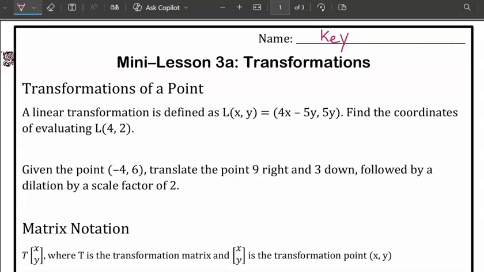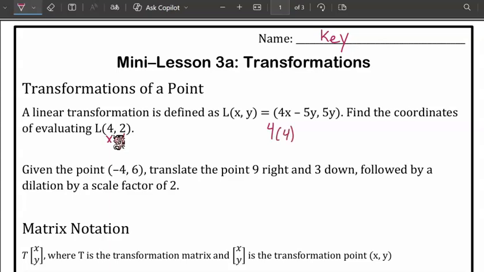Transformations of a point. A linear transformation is defined as L of x comma y equals 4x minus 5y comma 5y. Evaluate L of 4 comma 2. What we want to plug in for each of the coordinates is 4 for the x's and 2 for the y's.